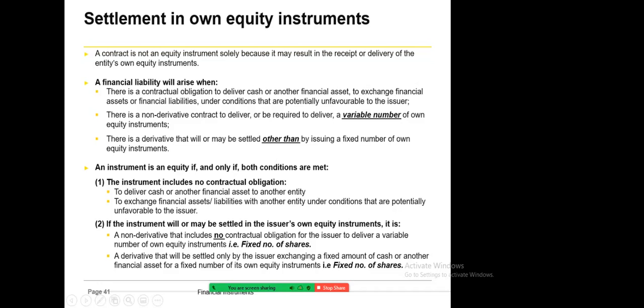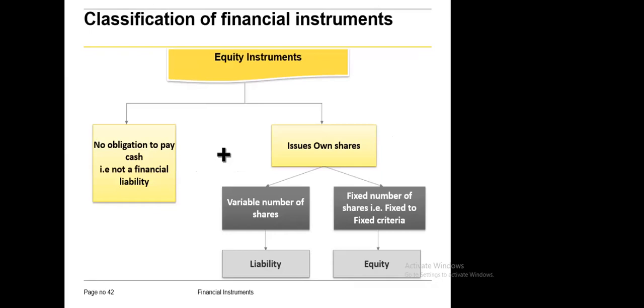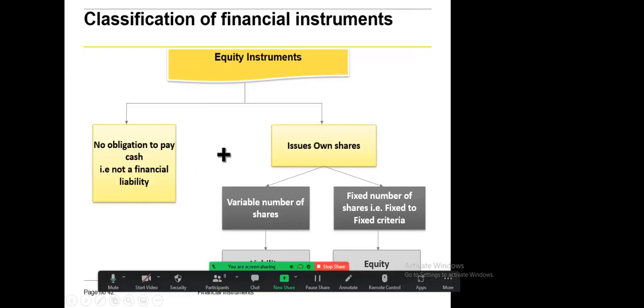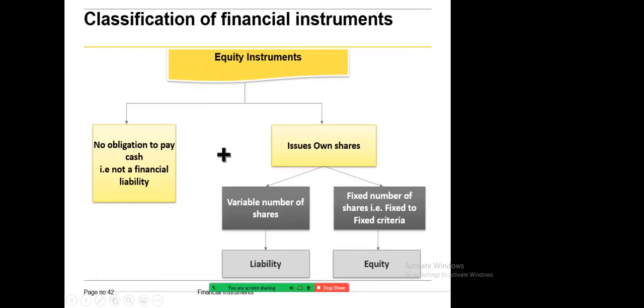So wherever the number of shares that I am getting is fixed, the instrument will be classified as an equity instrument. So see, equity instrument: no obligation to pay cash, not a financial liability. You are issuing your own equity shares; if a variable number of shares is there, then it is a liability. However, if you are getting a fixed number of shares, that is, fixed to fixed criteria is met, then the instrument is your equity instrument.